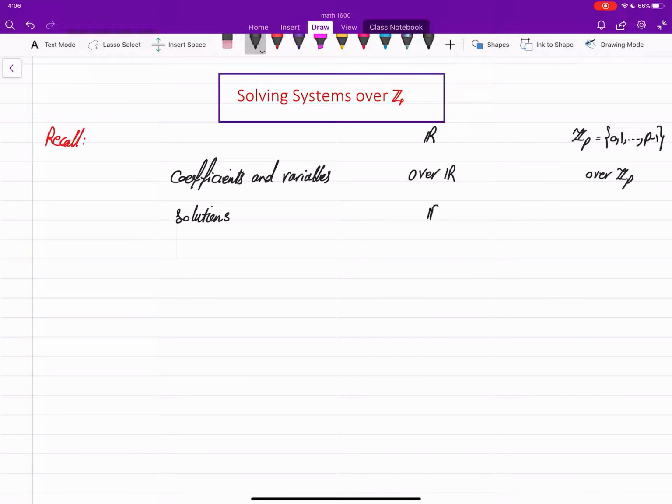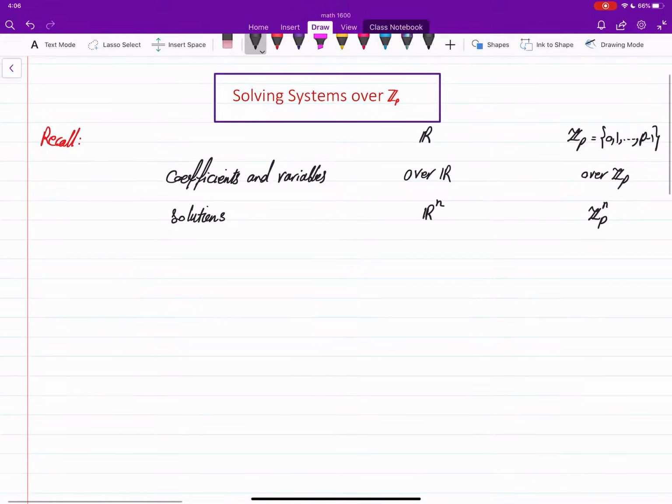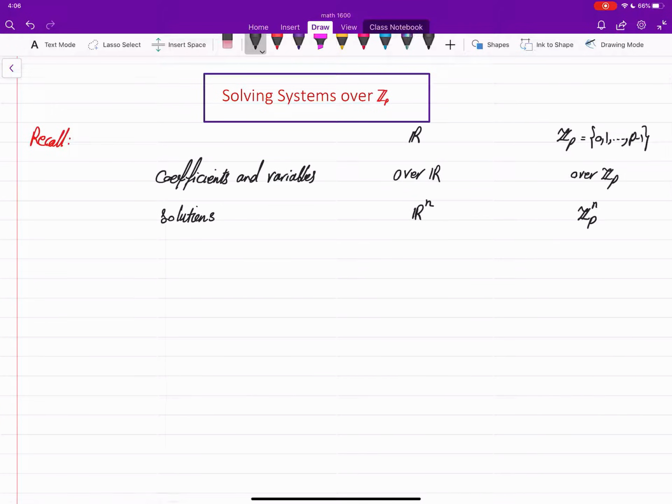So this will be from R^n, and this will be from Zp to the power n. Since Zp is finite, with only p elements, we have p elements for the first component, p for the second, and so on. You get p to the power n. We have only p to the power n vectors in Zp to the power n.